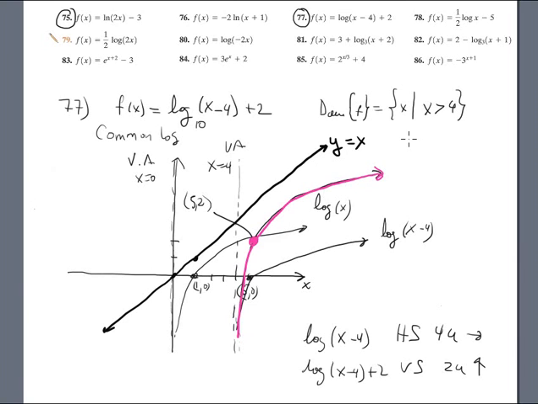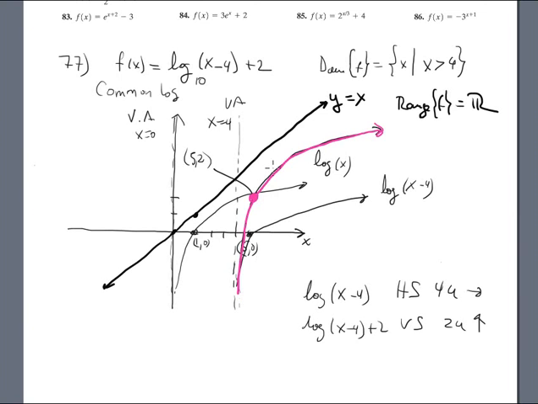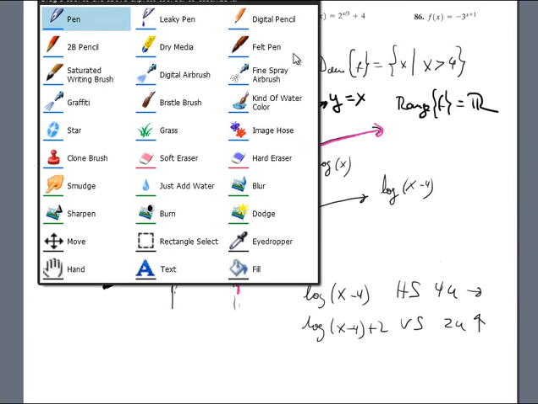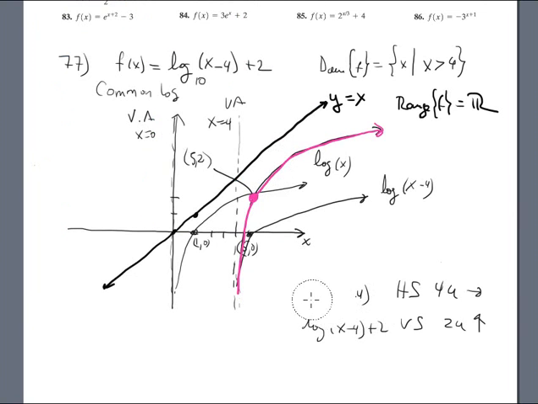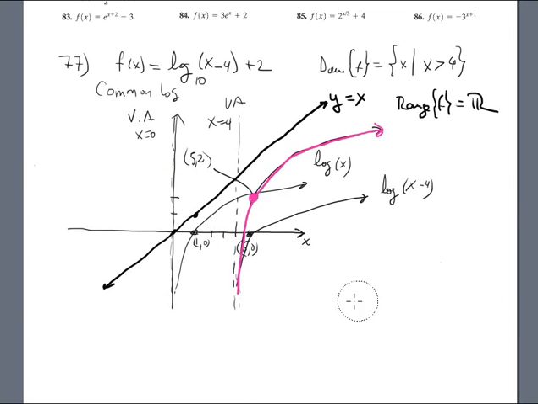I saw very well the range of function f is all real numbers, because it covers all real numbers, positive and negative. Now I want to erase this part.